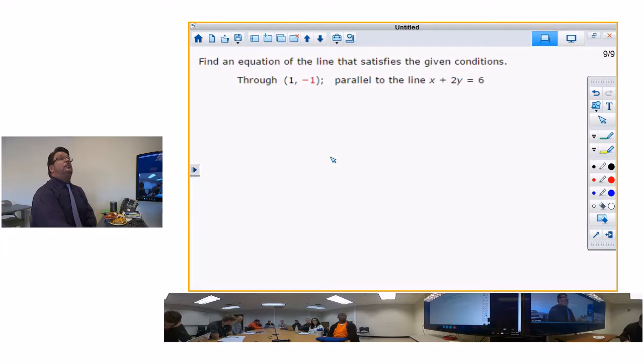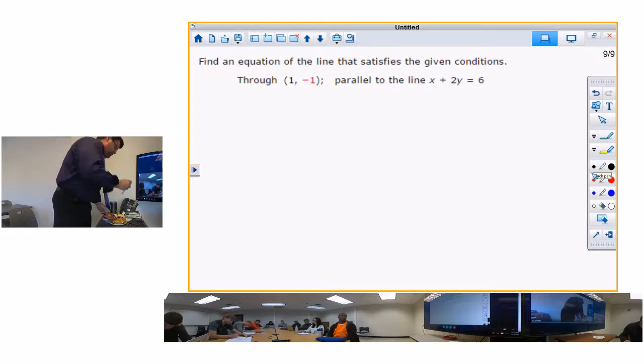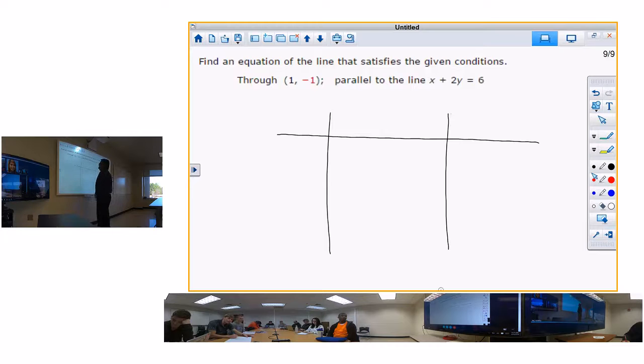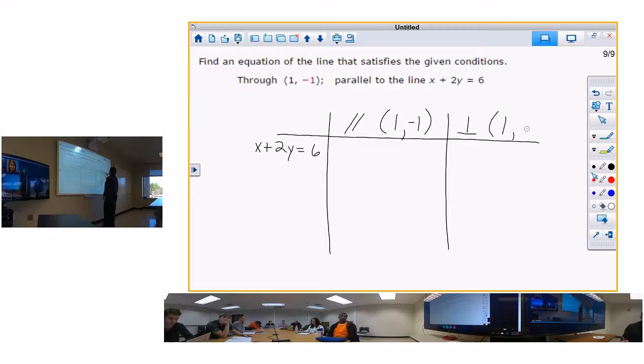All right, so find the equation. What I do is I tell students to draw a big table with 3 columns, and put the equation right here. X plus 2y equals 6, and parallel, and point 1, -1, and perpendicular, 1, -1.